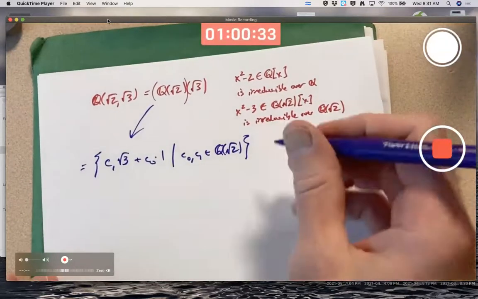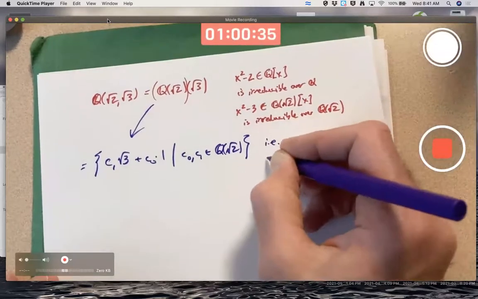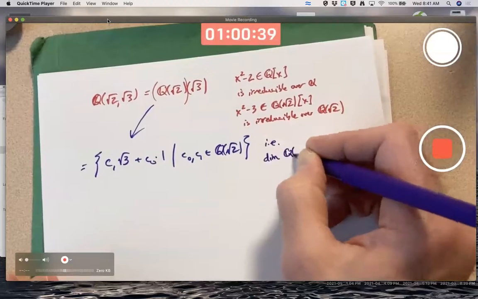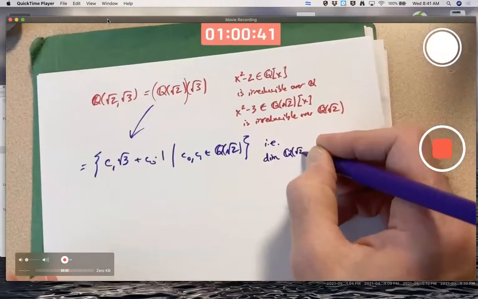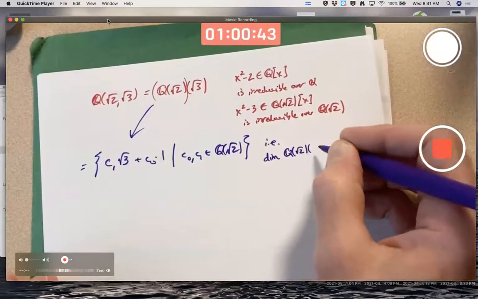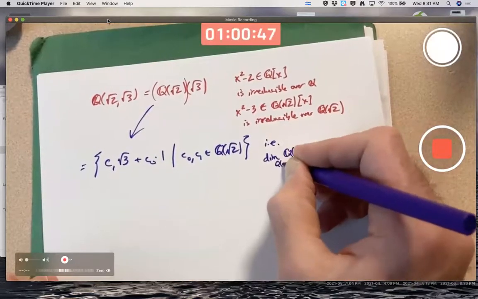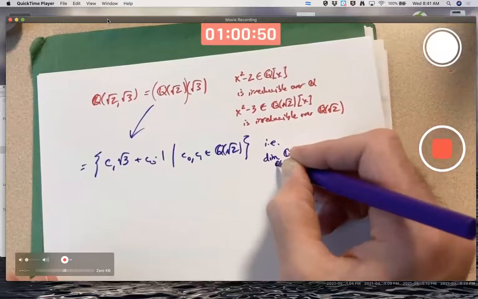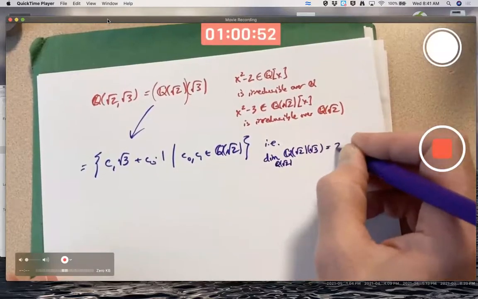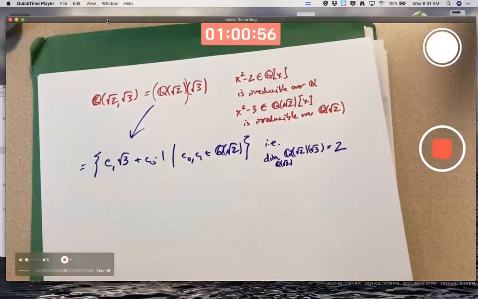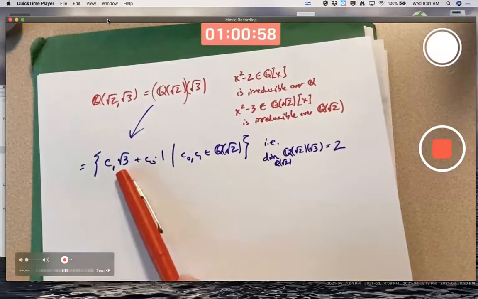In other words, the dimension of the vector space Q(root 2, root 3) over Q(root 2) is 2. Your two basis elements are root 3 and 1.